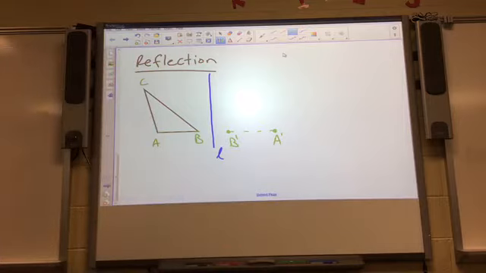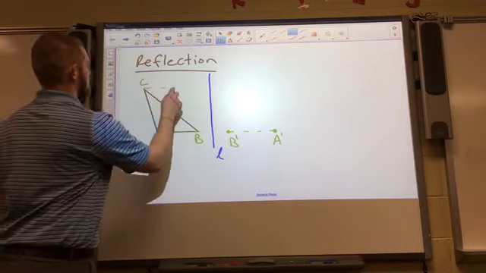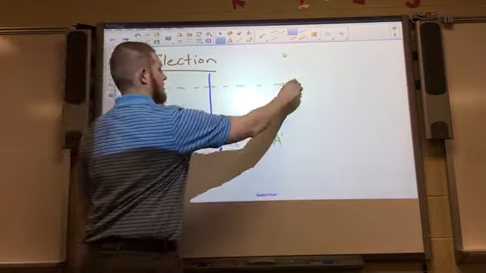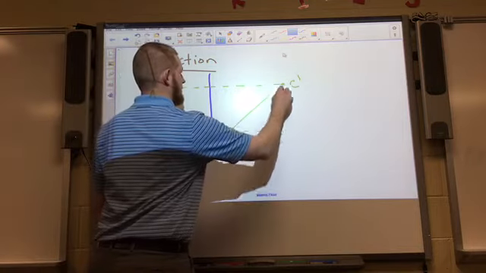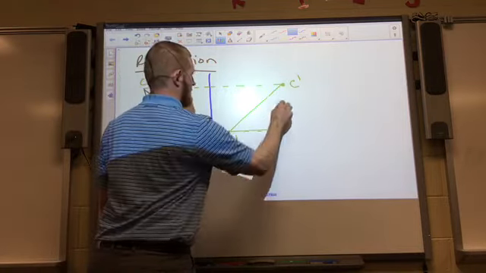Okay, and then the last one I need to do is C. Well, C is 1, 2, 3, 4, 5. So you go 1, 2, 3, 4, 5. So it's going to be somewhere right up in here, and that's going to be what? C prime. Good. And then you can just go ahead and connect your points. Now, is it perfect?